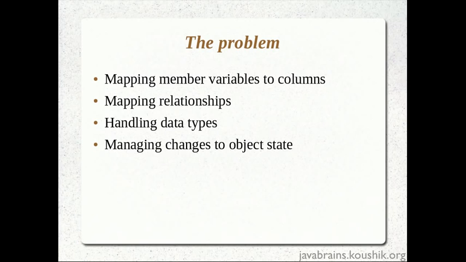It's tough to maintain these relationships and to maintain the whole object state, because what's happening in the relational side is completely different from what's happening in the object side. So there is this huge gap between a relational way of doing things and the object-oriented way of doing things. So what usually happens is, since we cannot change the relational part of it, we have to save this in the database.